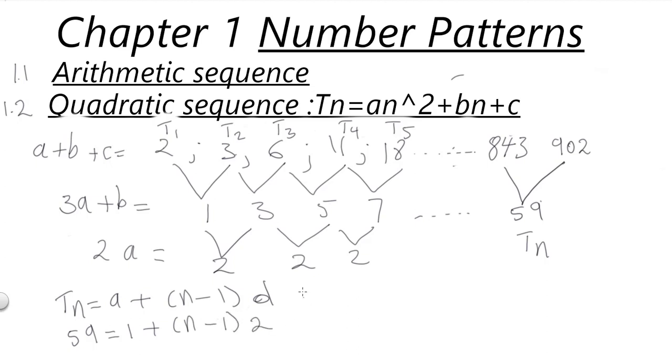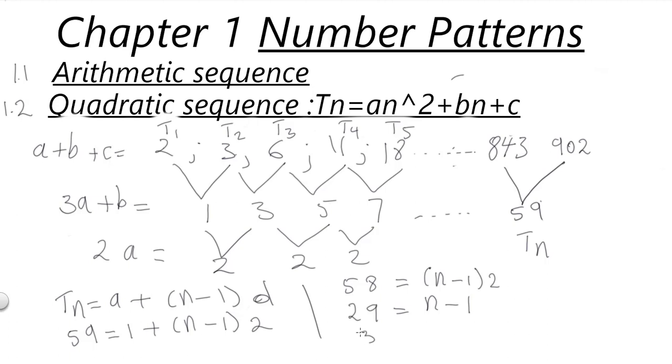So when you transpose here, what will be the answer? When I transpose 1, this side will give me 58. Then I have n minus 1 multiplied by 2. So if I divide both sides by 2, I'll have 29 equal to n minus 1. So when I transpose here, I'll have 30.